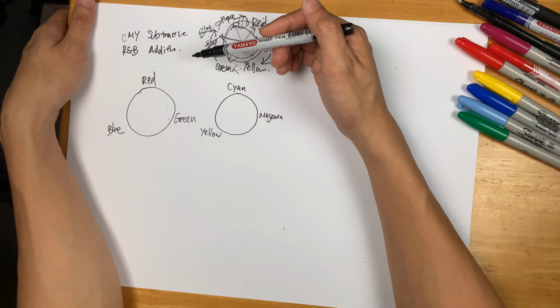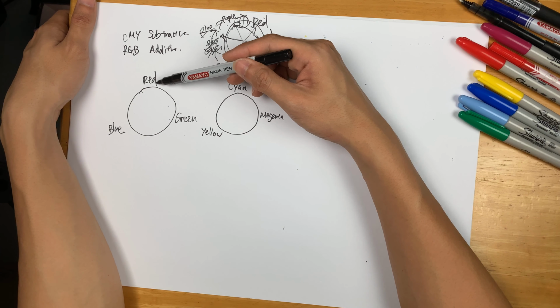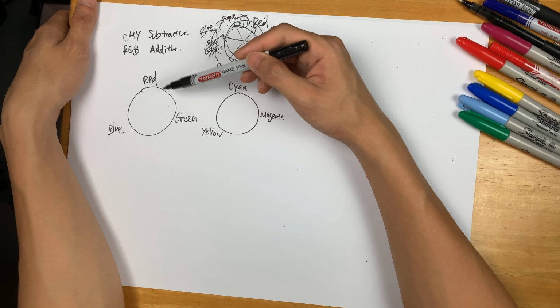So this will really help you work out what you get when you mix red and green, red and blue, blue and green, and cyan, yellow, cyan, magenta, yellow, magenta. You can start with red and green.